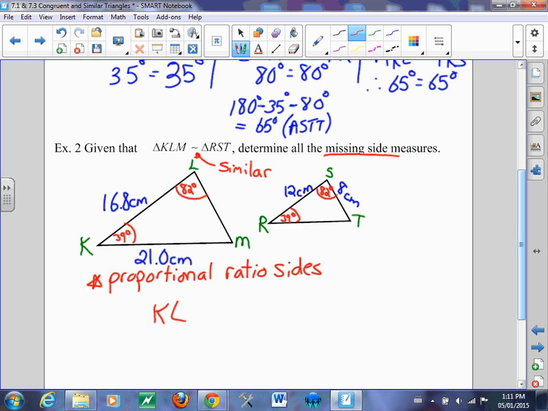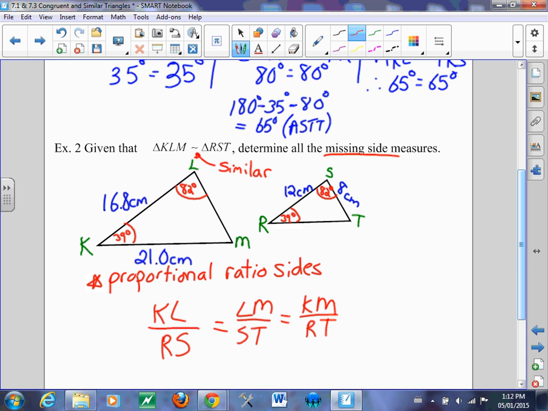That's going to be over the corresponding side, which is RS. Equals. Now I'm going to go L to M, which is 82 to blank, so that's going to be S to T. Okay, and then to my last side, which is my bottom side, K to M, which is 39 to blank, which is going to be over RT.